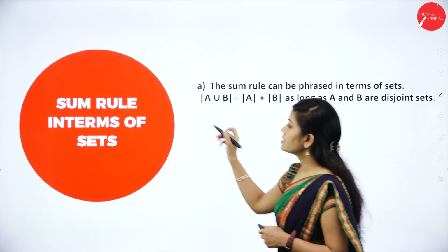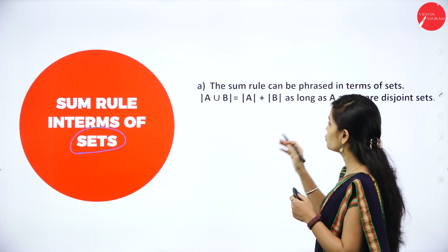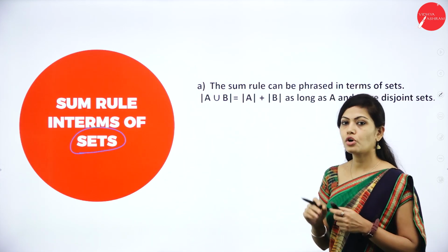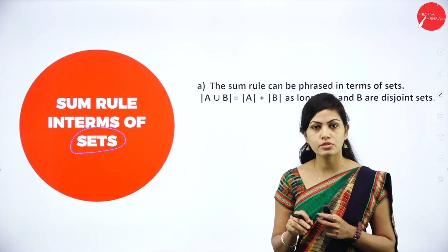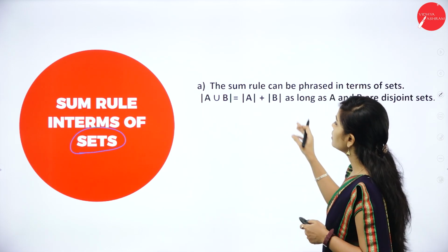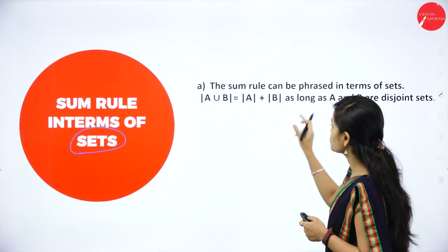So next is the sum rule in terms of sets. How to find the sum rule in terms of sets. Already I have discussed union and intersection in operations on sets. So here is how to represent the sum rule in terms of sets.